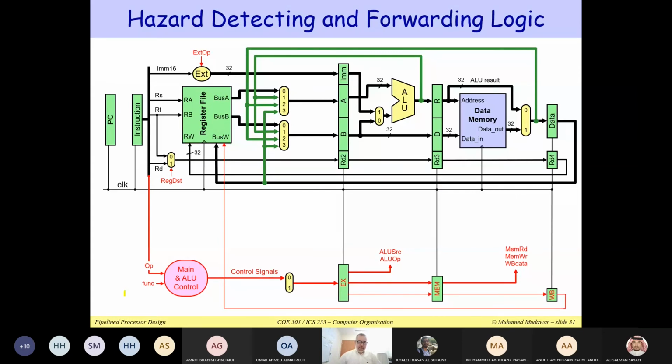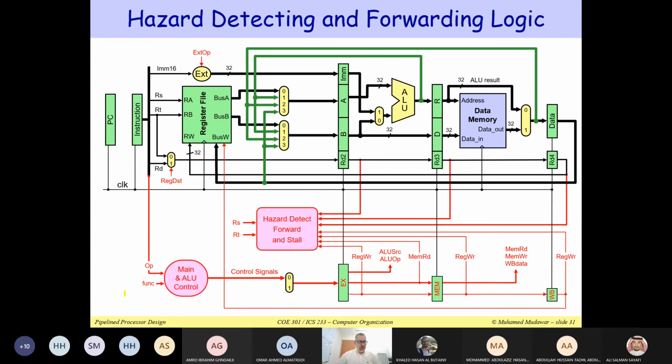Again, here we have to go back to the drawing and do it properly, because we are going to implement this hazard detection and forwarding logic, but now we are going to stall. So first we have this hazard detect and forwarding. We need to detect data dependencies, and also we have our SRT and all the control signals.